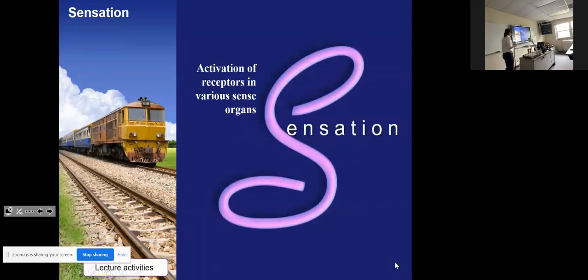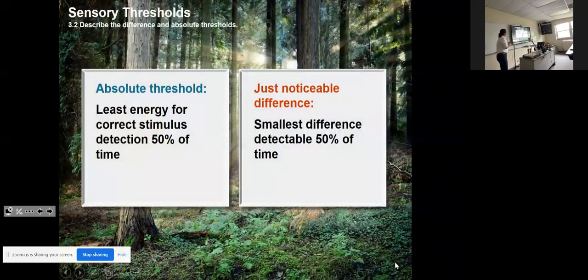So again, sensation is the activation of receptors in the various sense organs, as opposed to perception, which would be a different lesson, which is taking that information and doing something with it in some kind of mental process. So within sensory thresholds, it's important to understand how our thresholds and just noticeable difference actually work, because we don't acquire everything that's going on around us, right?